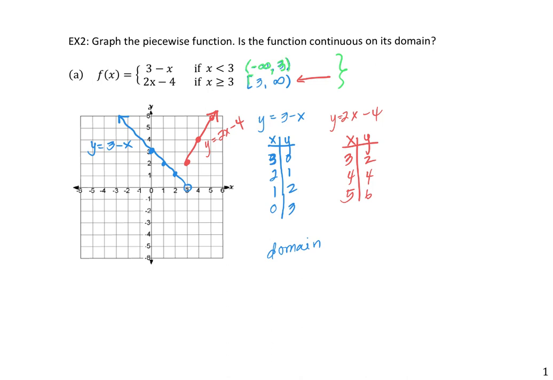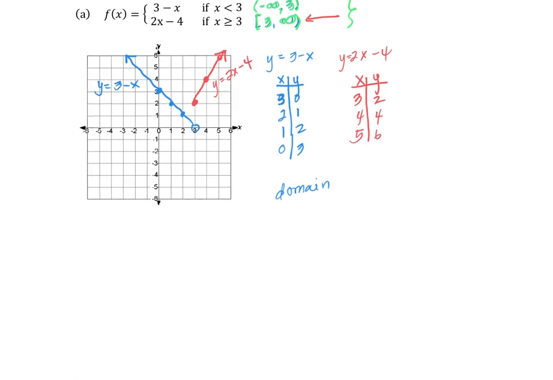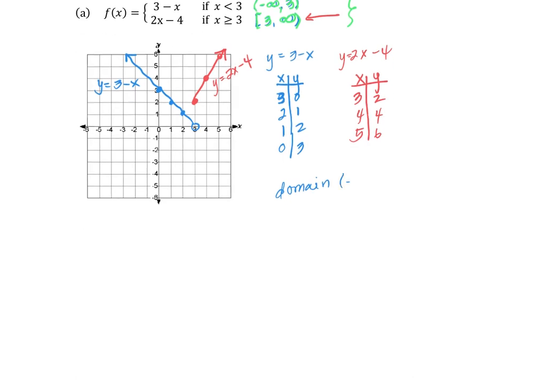However, when I look at the second interval, it does include 3. So far I've got all my x values from negative infinity to 3 all the way up to positive infinity. So I have all the x values from negative infinity to positive infinity. That would be my domain. Again, you could have just looked at the graph as well.